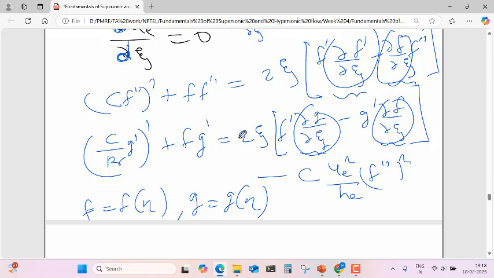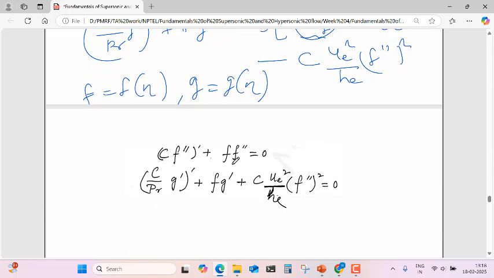And we will get the equation as (C f'')' plus f f'' equal to 0, (C/Pr g')' plus f g' plus C V square upon H f'' square equal to 0.